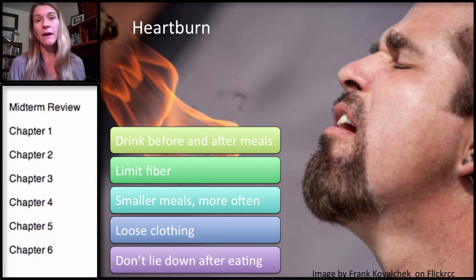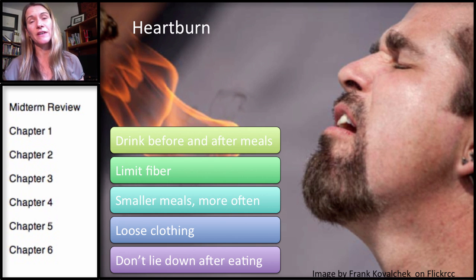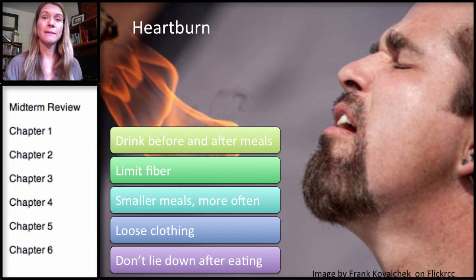And then think about what gravity does. Gravity wants to pull everything down. So if someone lies down right after eating, everything has a tendency to move into the esophagus, or a greater chance. So either sit propped up afterwards, or if going to bed after eating, wait at least an hour, maybe 2, before going to bed.